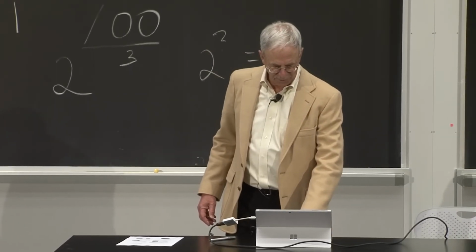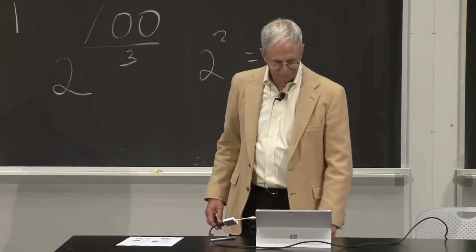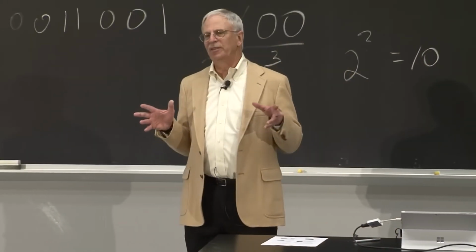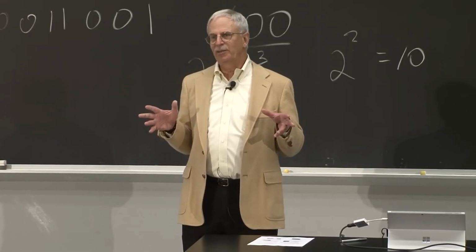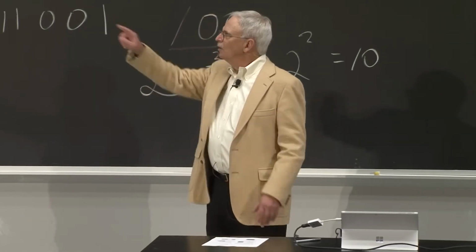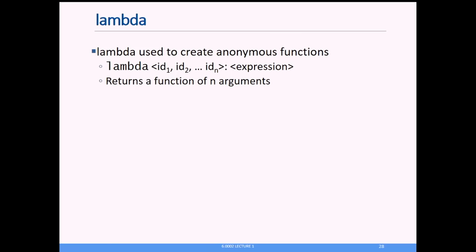So let's talk about lambda and then come back to it. Lambda is used to create an anonymous function, anonymous in the sense that it has no name. You start with the keyword lambda. You then give it a sequence of identifiers and then some expression.